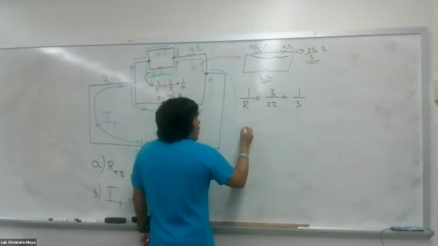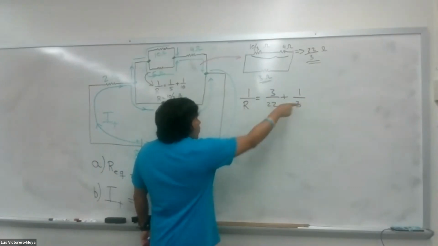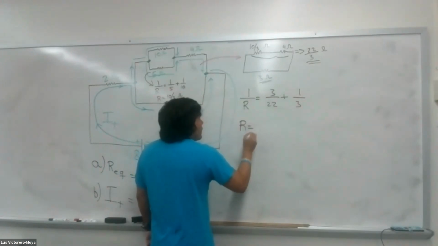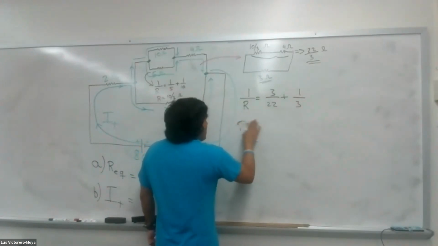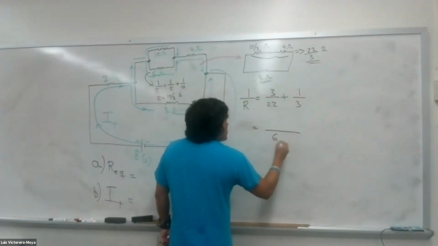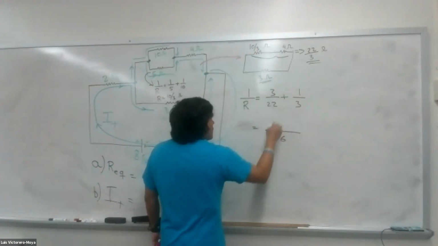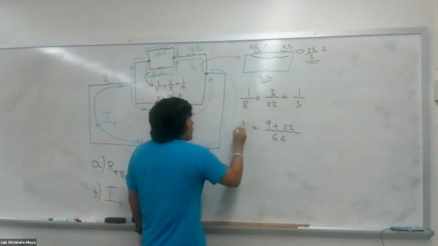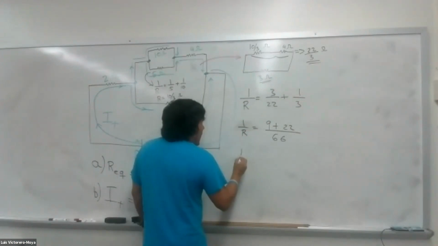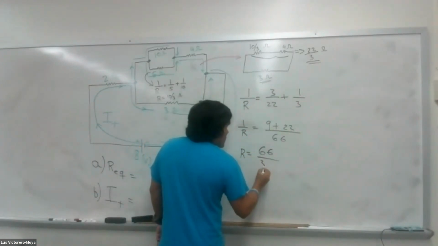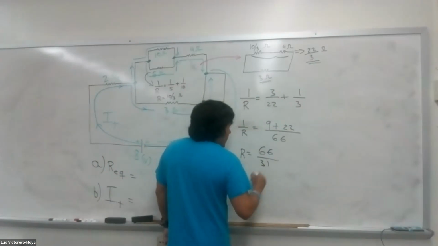Now, this is fractions, right? So 66, then I have 9 plus 22, that's 1 over R. Then R will be 66 over 31, all right?